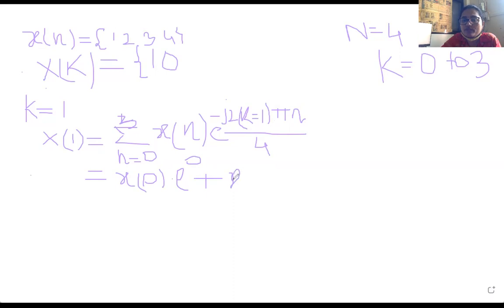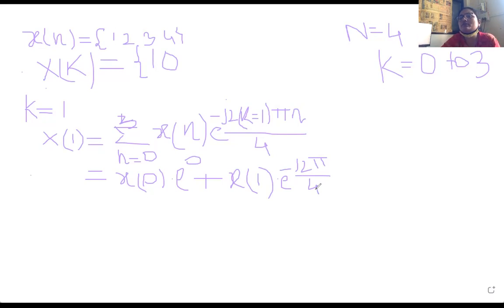Now the next value of n is 1. So I'm going to substitute n equal to 1. So this is x of 1 multiplied by e raised to minus j 2 pi, where the value of k is 1 and the value of n is also 1, so this is 2 pi divided by 4.